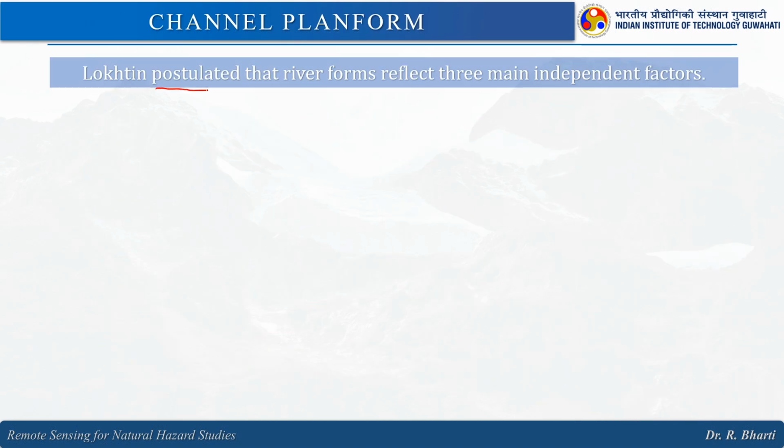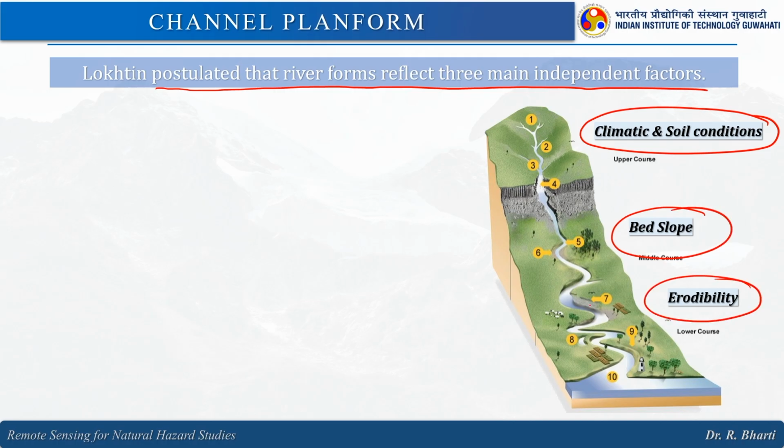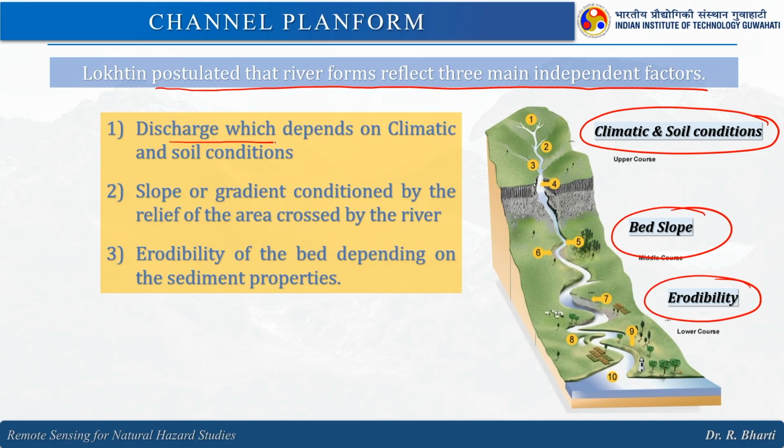So Leopold postulated that river forms reflect three main independent factors, right. So this is very important. Here you can see this particular diagram explains three main characteristics. The discharge, which depends on climatic and soil condition. Slope or gradient, conditioned by the relief of the area crossed by the river, so the bed slope.